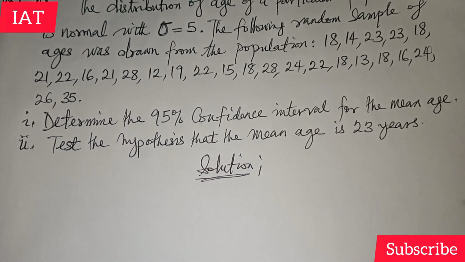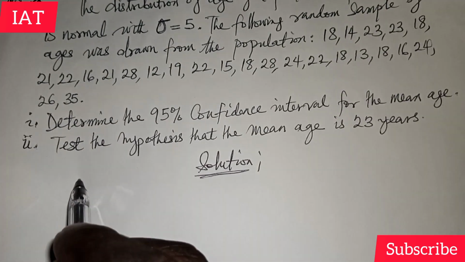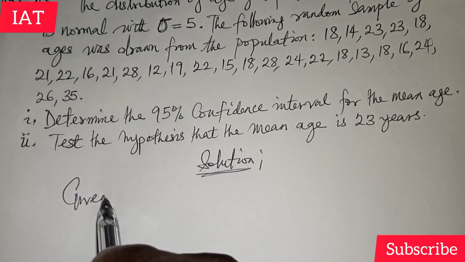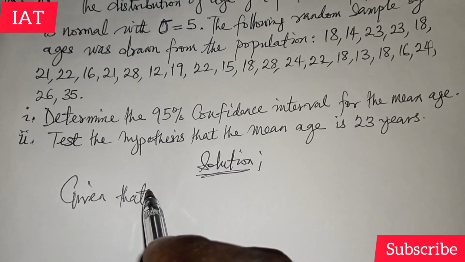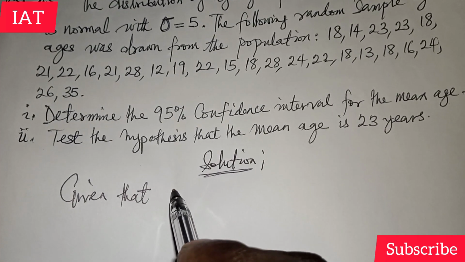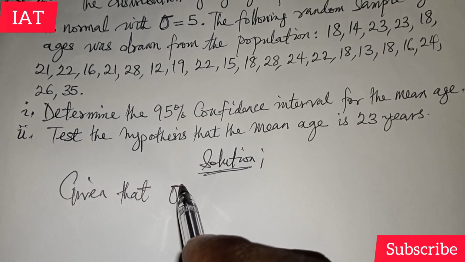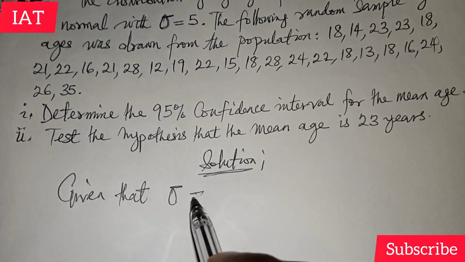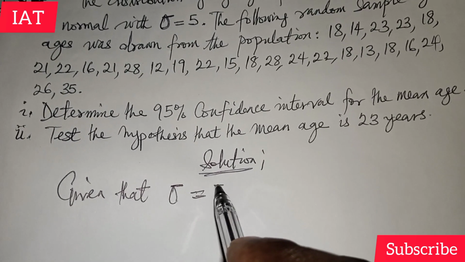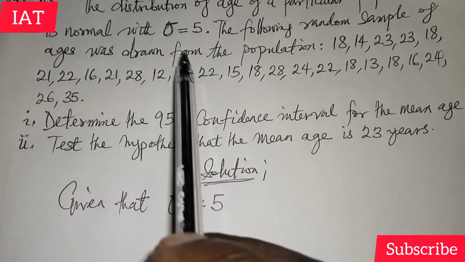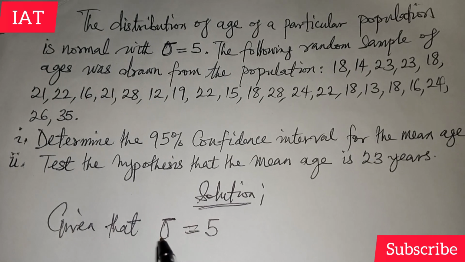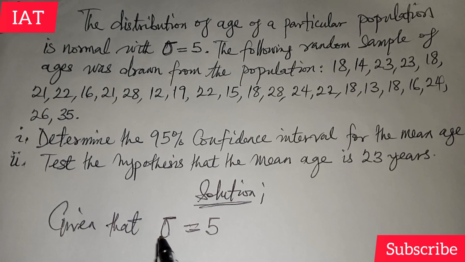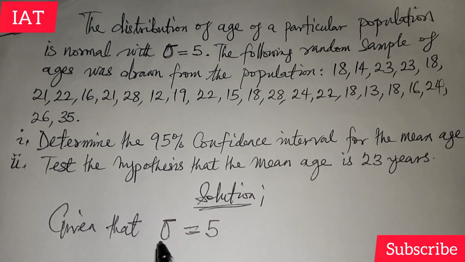right away. So the first thing I will do is to bring out the given data, and we know that the population standard deviation is equal to 5 from the equation. And it shouldn't be strange to you when I call this the population standard deviation.